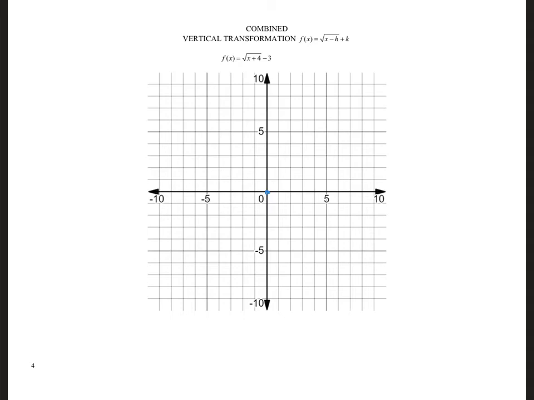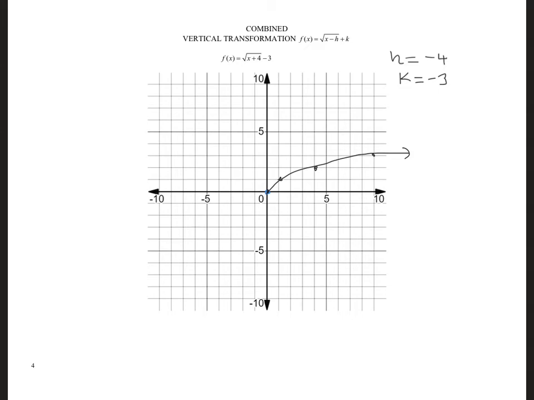So 0, 0, then 4, 2, and then 1, 1, then 9, 3. So that's the parent function. Now I need to move every point according to the values of h and k. So h is negative 4, k is negative 3. So every point is going to move to the left 4 units and 3 units down.